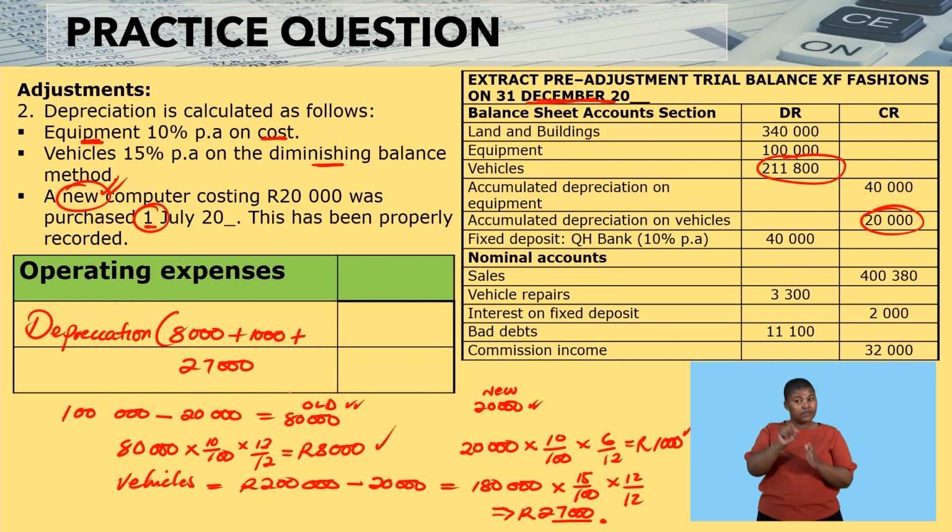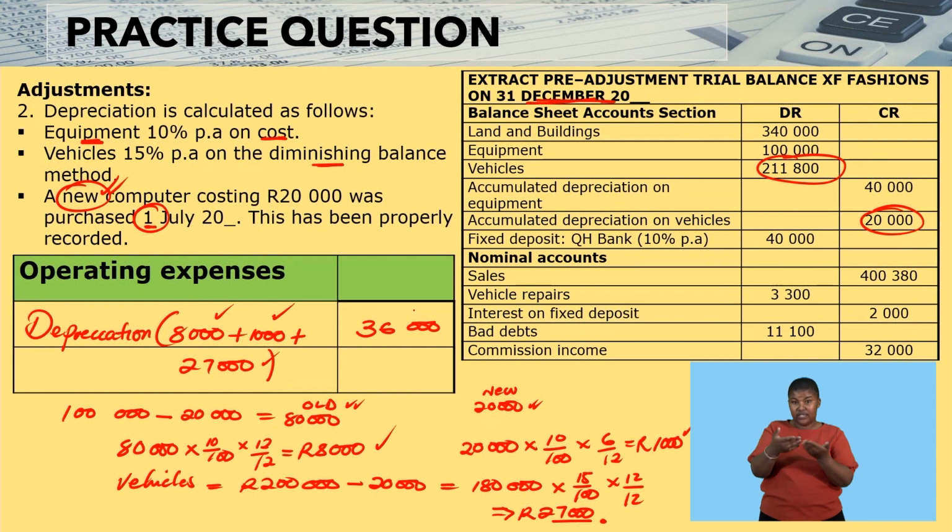All right. Very important that you get that amount. If you close this, then you are now saying your 8,000 plus 1,000 plus the 27,000. That would then give you the total amount, which is 36,000. 36,000 becomes your depreciation for the year.